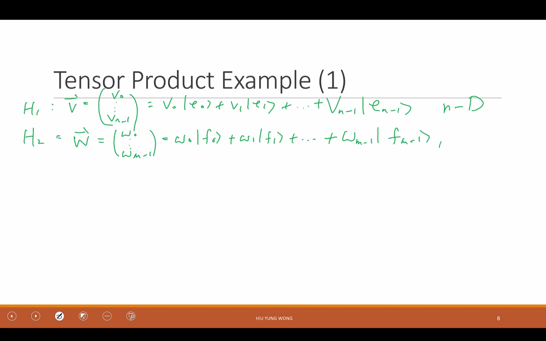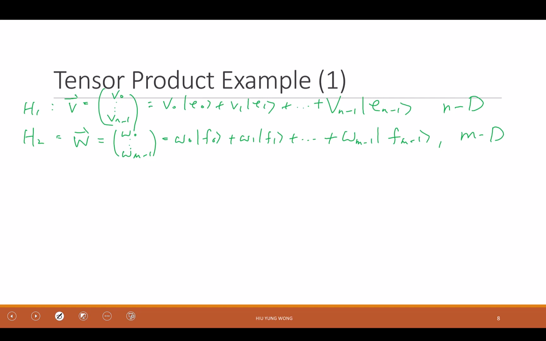What dimension is this? M, right? I have m basis vectors, m-D. I can do tensor products with two spaces that have different dimensions. Makes sense. I can have one qubit tensor product with two qubits, right? The two qubits already form a C4 space. I add one more qubit, it becomes C2 tensor product C4 space. It becomes a C8 space. Or you can think of one qubit tensor one qubit tensor one qubit is also C8.